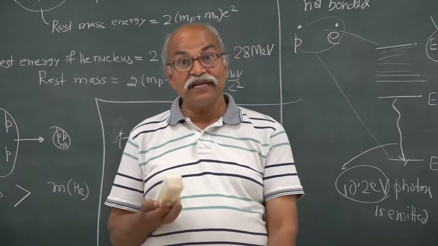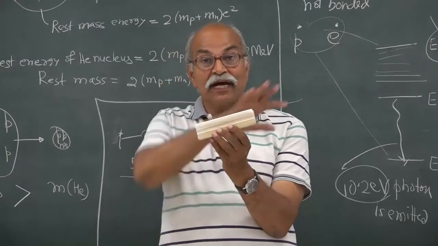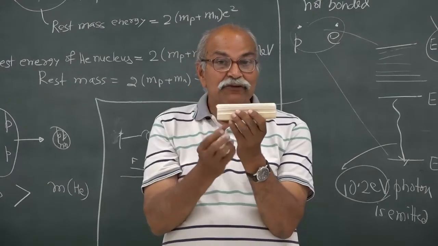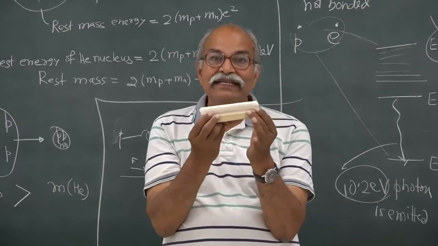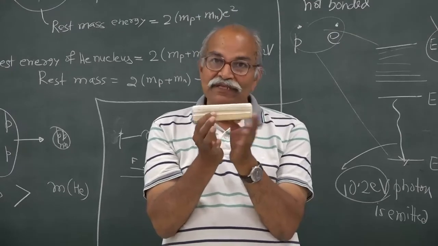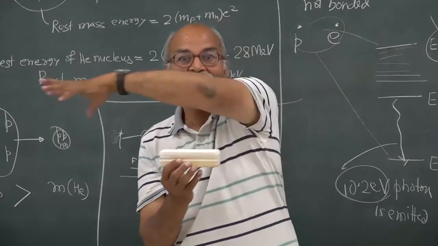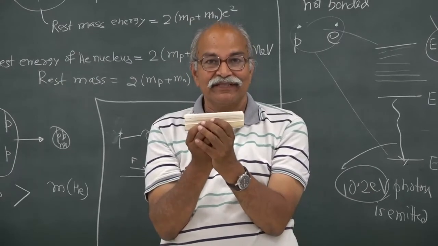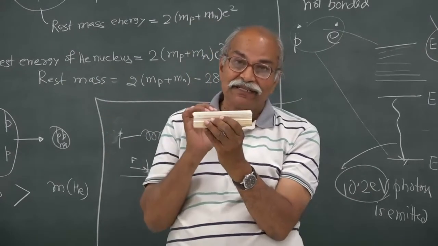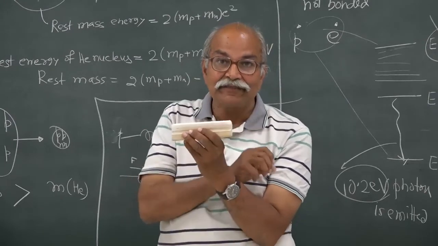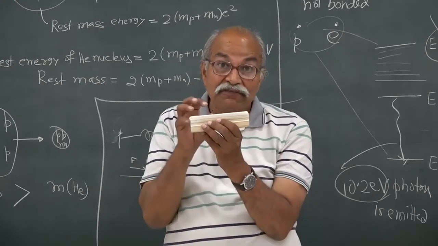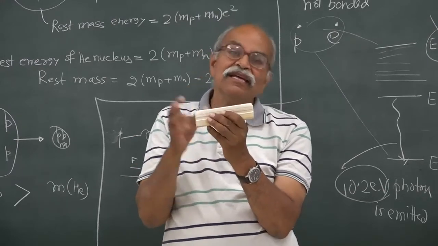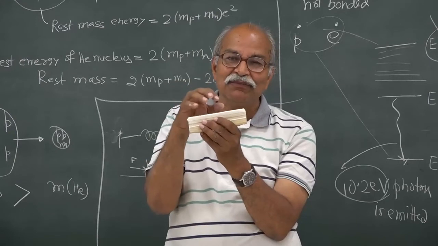Similarly, if you have an object at some temperature, you have molecules inside, and you heat it and increase its temperature, this object still does not have an overall kinetic energy, this object is at rest. But we have given heat energy to it. Because of that, those subparticles, those molecules inside this object, have started moving with more speed.